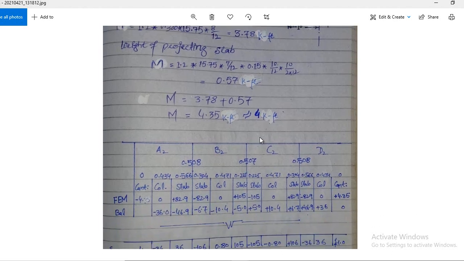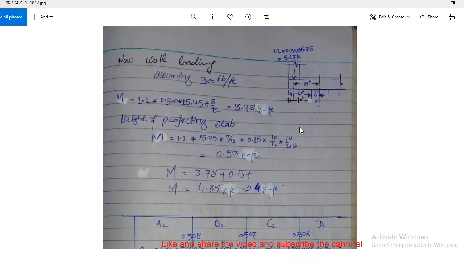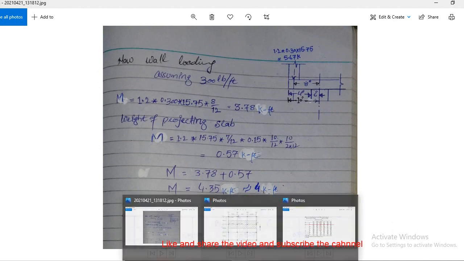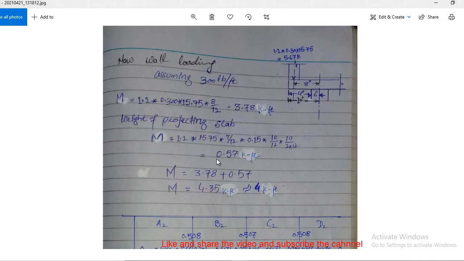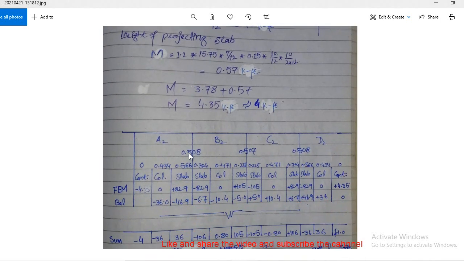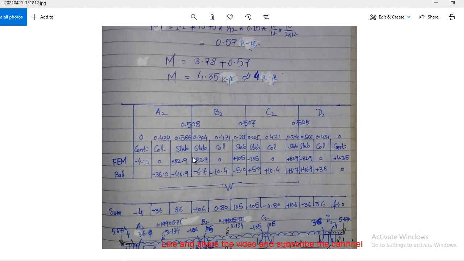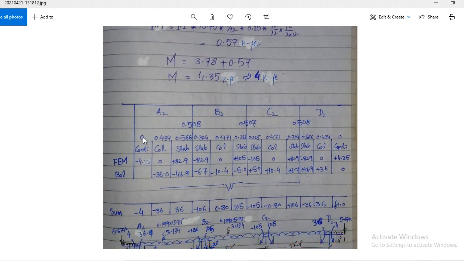After that you have to draw your moment distribution table. You see A2, B2, C2, D2 are the points. Let me show you this one. A2, B2, C2, D2, and then the carryover factor, and this is the cantilever portion, because for this the distribution factor is 0. Clear?